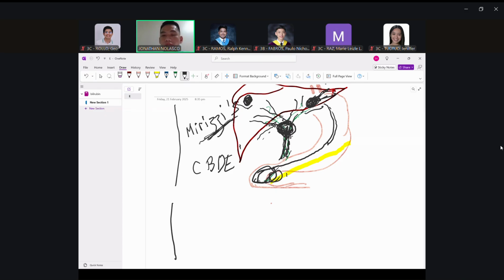So usually intrahepatic cholangiocarcinomas just present as a mass, much like an HCC or hepatocellular carcinoma. But perihilar and distal cholangiocarcinomas usually will present with jaundice because they obstruct the bile ducts significantly.